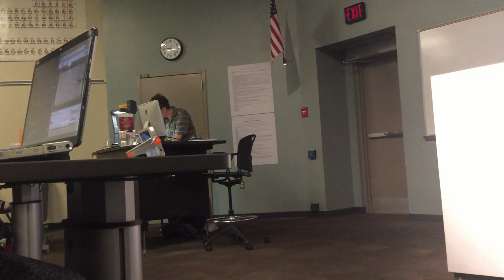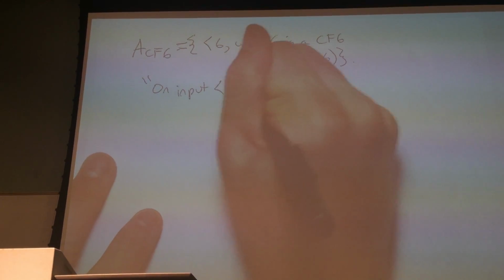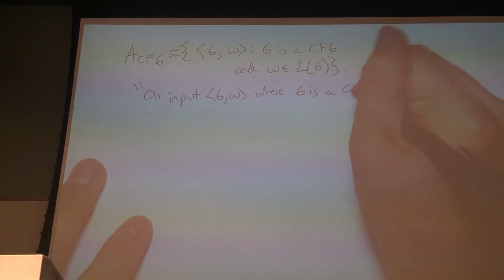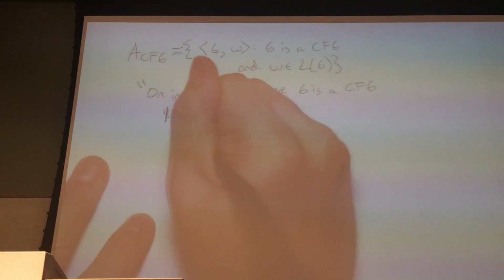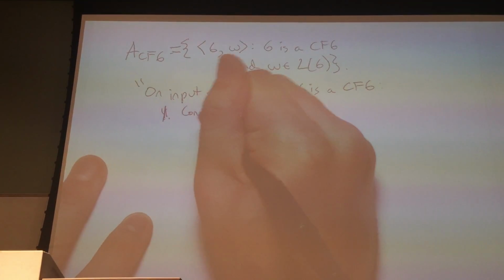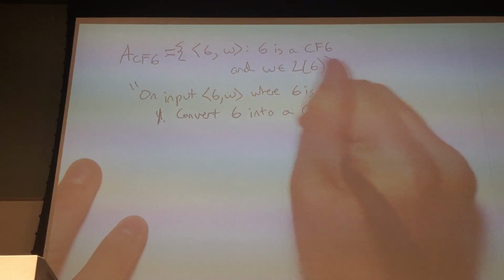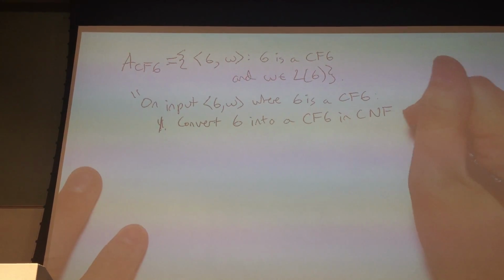So, on input G, W, where G is a CFG, convert G into a CFG in CNF, which I'm going to call G prime.